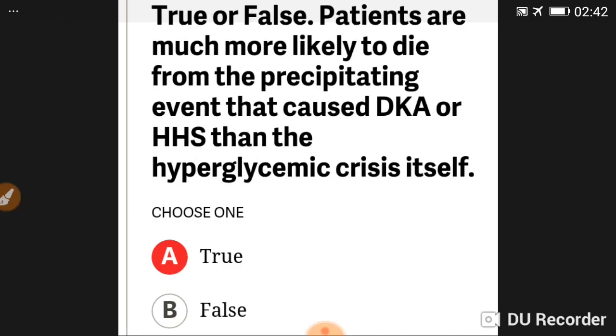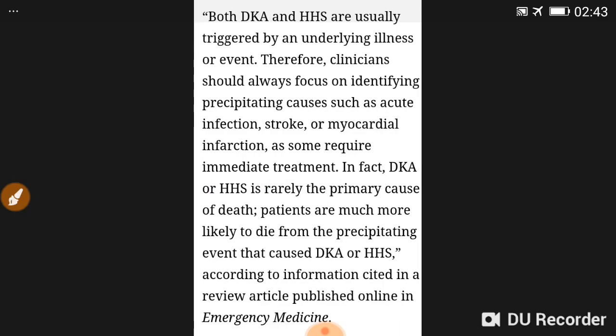Okay. Now, true or false, a patient is much more likely to die from the precipitating event that causes DKA or HHS than from the hyperglycemic crisis itself. Yes. Why? Both DKA and HHS are usually triggered by an underlying illness or event.